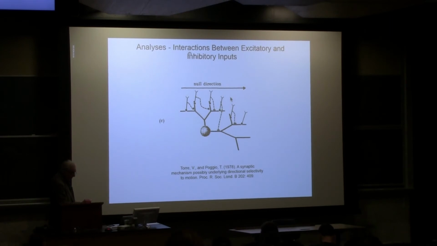So they put this forward as an example of one way in which this kind of patterning of excitatory versus inhibitory inputs could contribute to receptive field properties of real neurons.